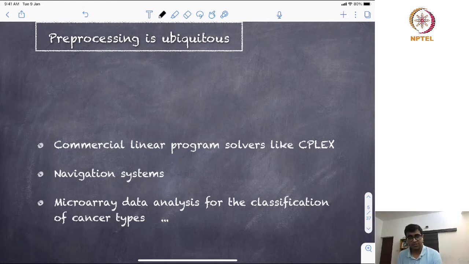Navigation systems, microarray data analysis for classification of cancer types, and so on and so forth. So this kind of polynomial time preprocessing to reduce input is present in every aspect of computer science and science in general.